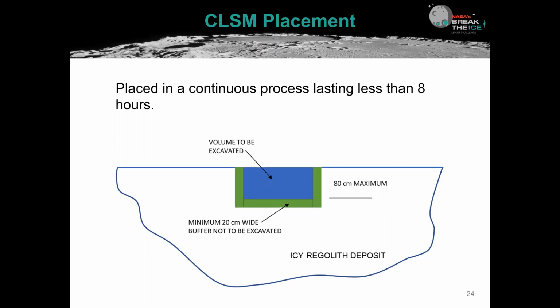So the buffer is there to simulate that this deposit goes on. And we want to stay within an area where we're not necessarily totally fracturing the simulated regolith we've put in. So that's the purpose of the buffer and why we're trying to encourage teams to stay away from excavating into the buffer.